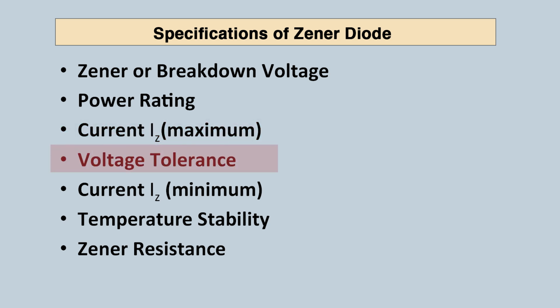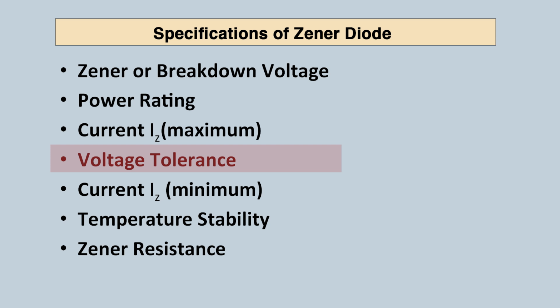Let's discuss the voltage tolerance of this device. The voltage tolerance is typically in the range of plus minus 5%. Let me explain with an example. Let's say the voltage of the device is 100 volts.